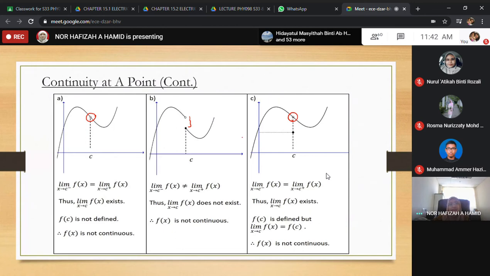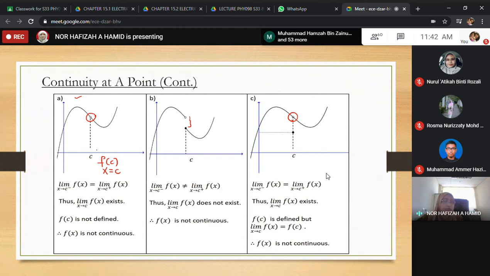Okay. Tapi untuk you punya solution tu, so you kena buat lah, you kena state balik condition dia. Okay. So from this graph, you check dulu yang condition number 1. Condition number 1 state that f(c) must be defined. Okay. So kalau graph A, f(c) ni makna exactly value x is equal to c.